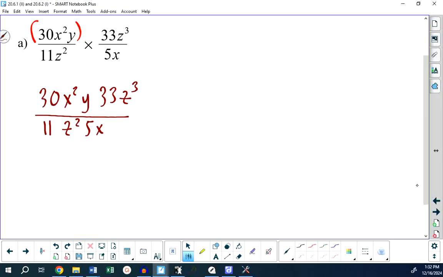Although what I'm about to show you is a nice little shortcut here, I don't want you taking it later. I don't want you taking it if it's algebraic instead of numerical. With the 30 on the top and the 5 on the bottom, I don't think anybody in the room needs to write 30 as 6 times 5, and then go, oh, there's a factor of 5, as if you're surprised.